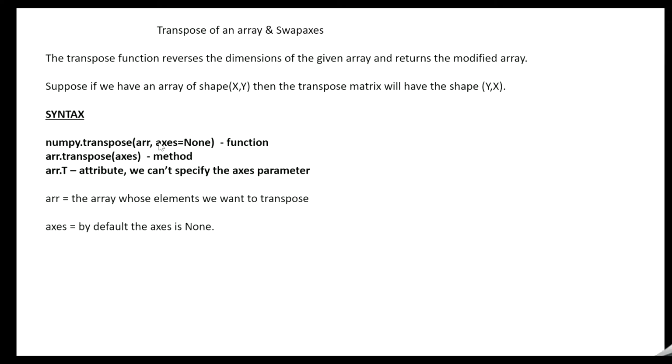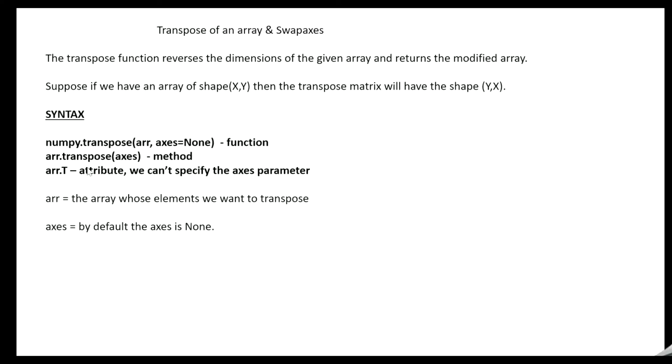The transpose, we can use it as a function, we can use it as a method, and we can use it as an attribute. If we give numpy.transpose, then we have to specify the array whose elements we want to transpose, and we can also specify the axis. By default, the axis value will be none. We can specify any other axis value in the tuple format.